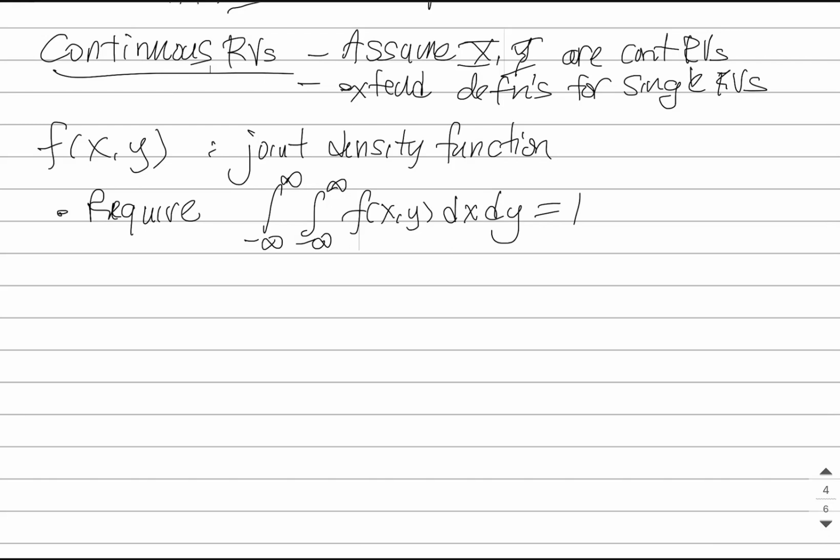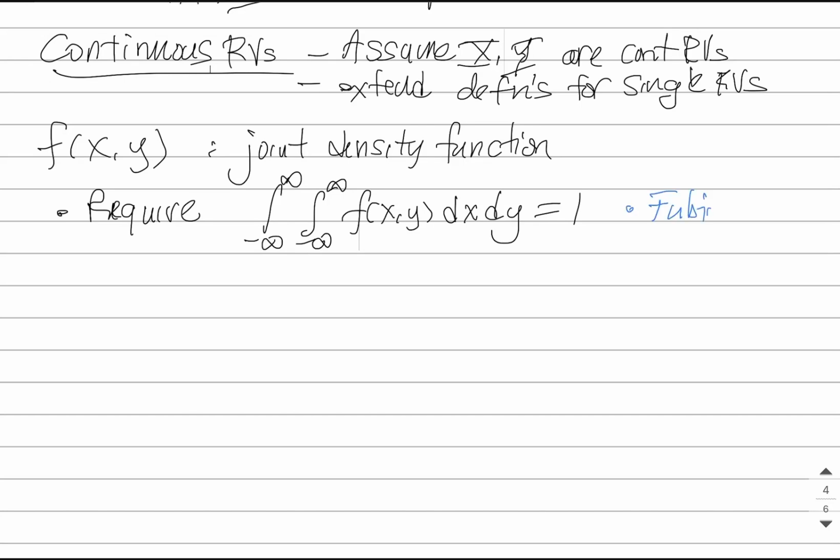The first requirement of this density function is that it integrates to 1. Now, this requires what's known as a double integral. This is something that is taught in multivariable calculus. Because the density function is a function of multiple variables, you need to know how to integrate with respect to multiple variables.